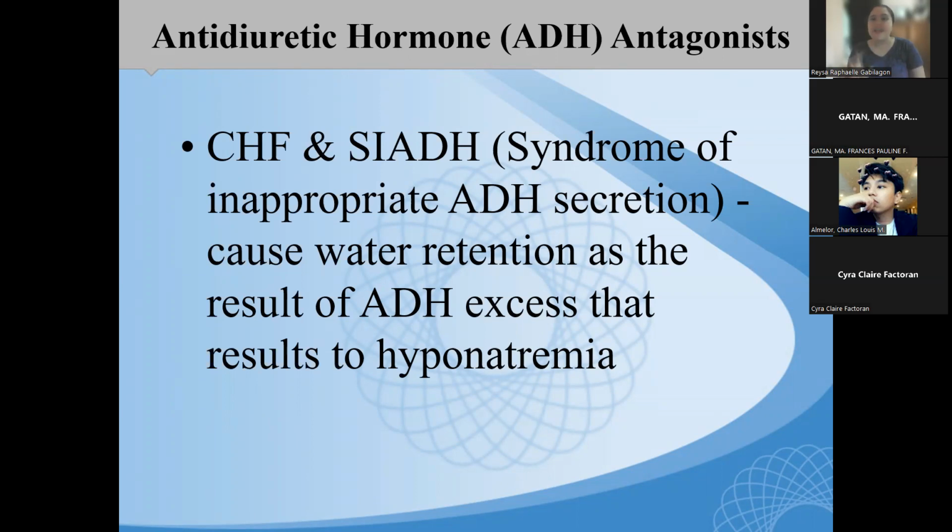Because the antidiuretic hormone regulates urination, we antagonize it so that our patient can urinate. So what are the conditions given antidiuretic hormone antagonists? We have CHF. CHF means congestive heart failure. And the SIAD. We call that SIAD. SIAD means syndrome of inappropriate ADH secretion.